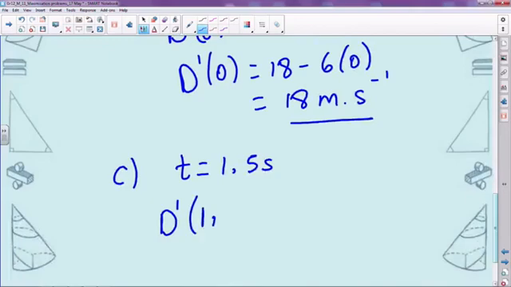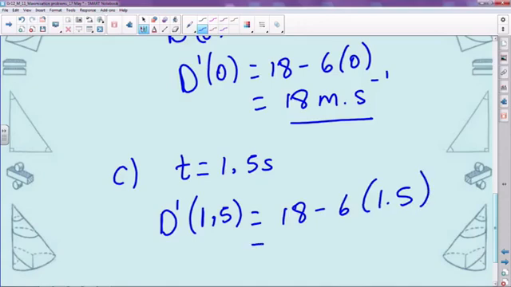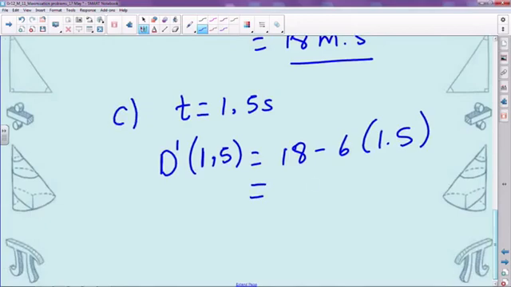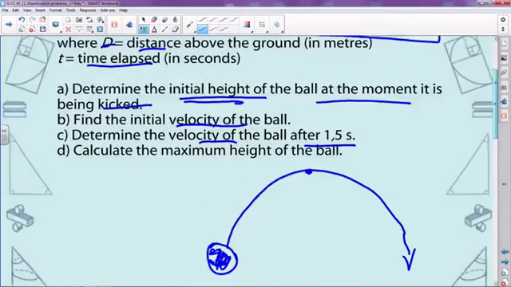I'm simply going to replace my t with the value of 1.5. So my equation becomes 18 minus 6 times 1.5. When you do that on your calculator, you will get an answer of 9 meters per second. You can just double check that, but for time we're not going to check that on the calculator.